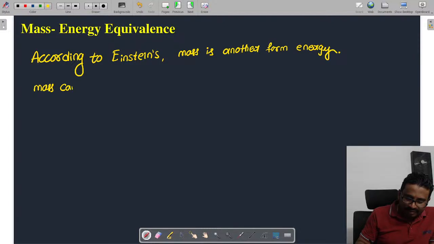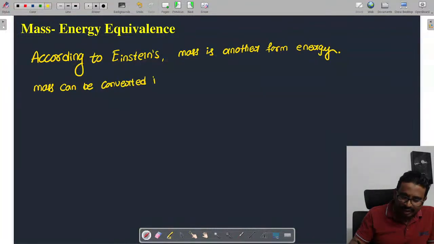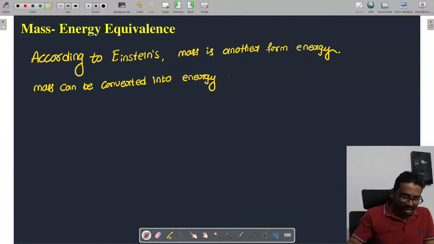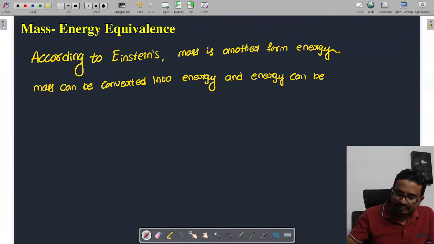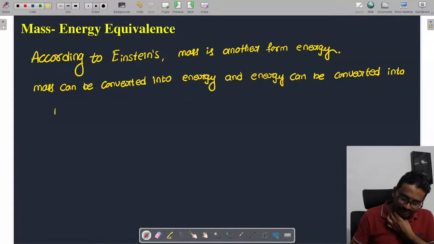Mass can be converted into energy, and energy can be converted into mass, vice versa.